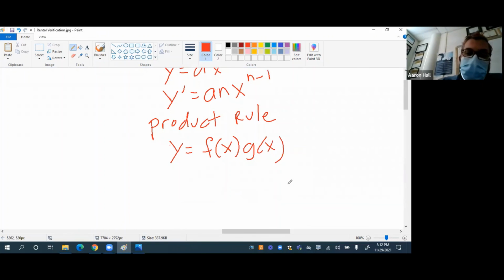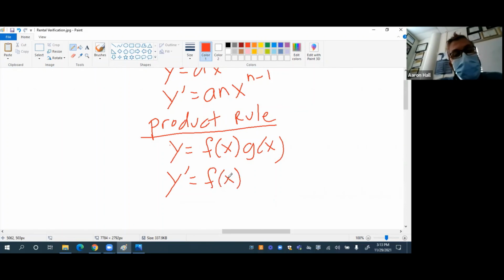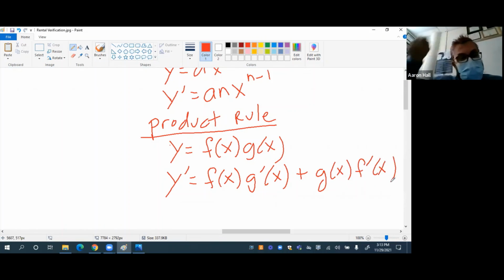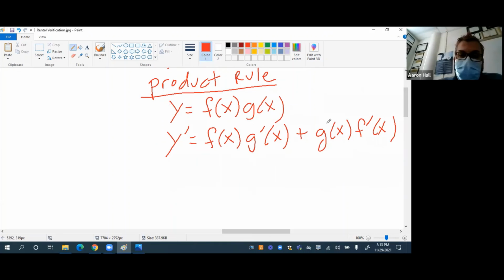So using the product rule, my derivative is going to be the first function times the derivative of the second plus the second times the derivative of the first.